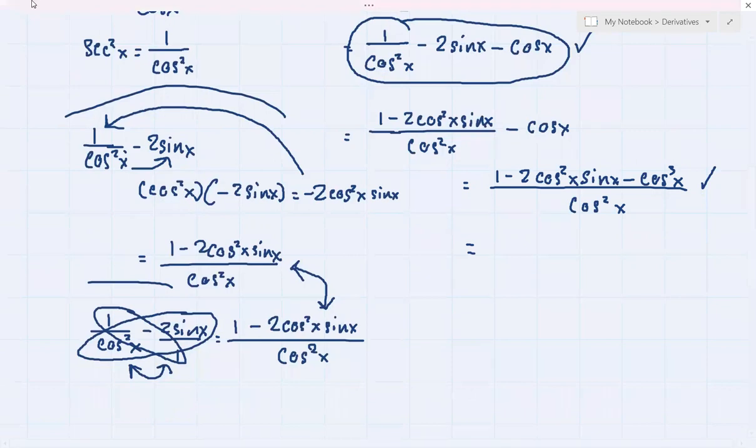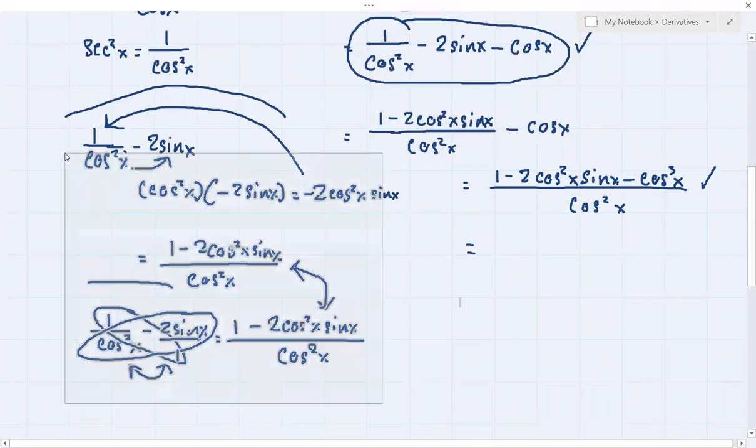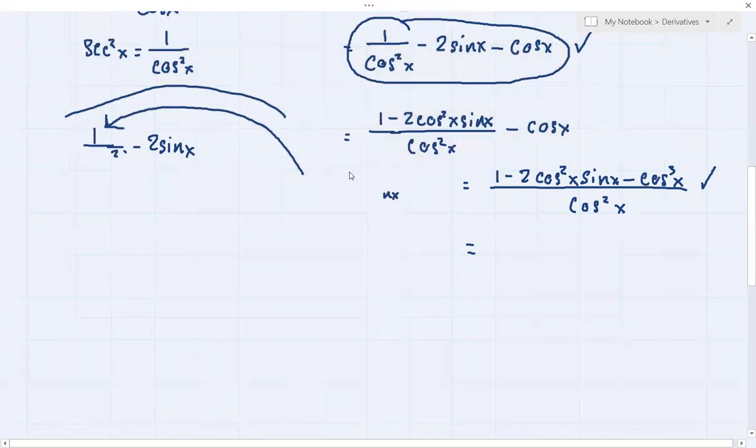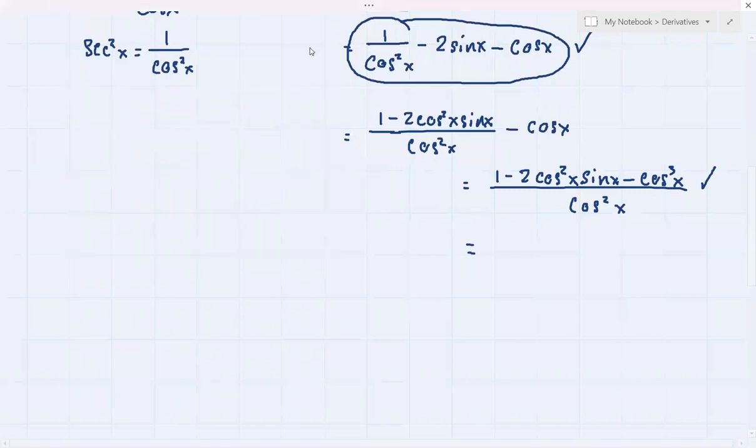Bakit? Ito, yung nasa second term, yung gitna, pwede ko pa siyang i-simplify actually. Okay? So, ito yun eh.